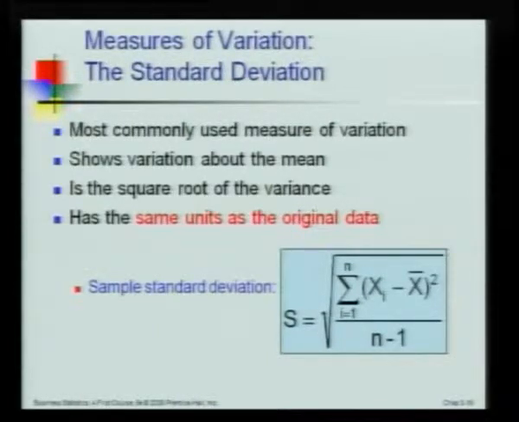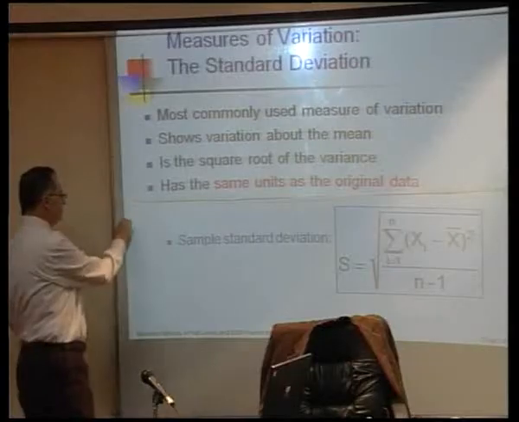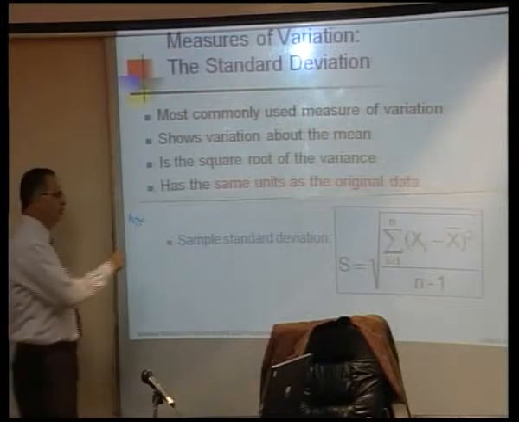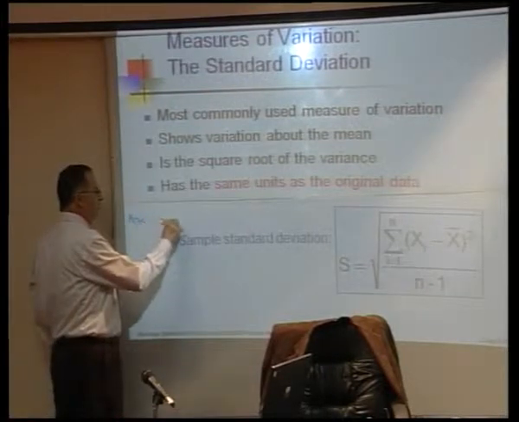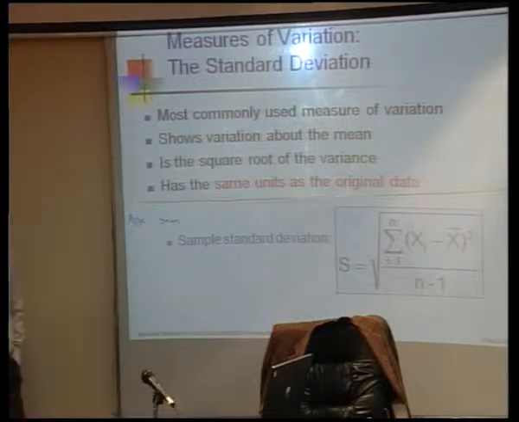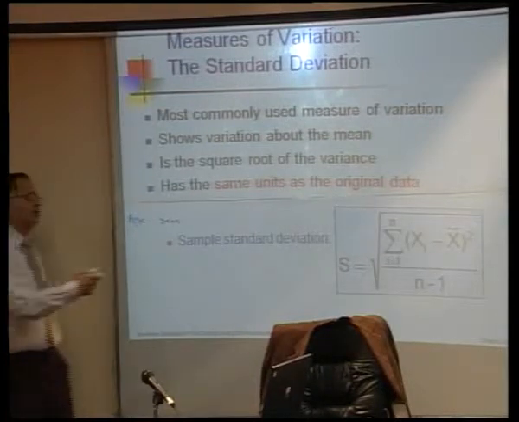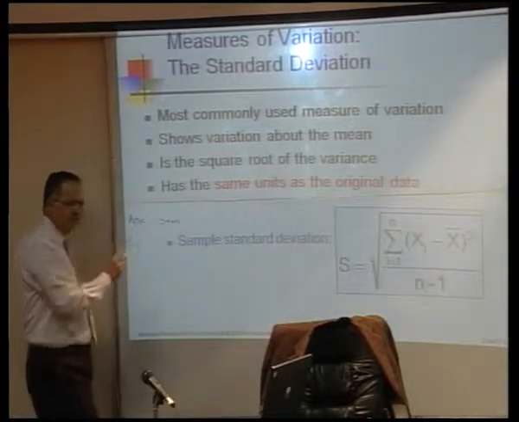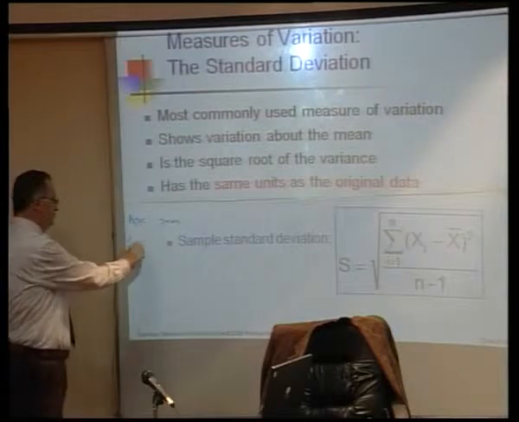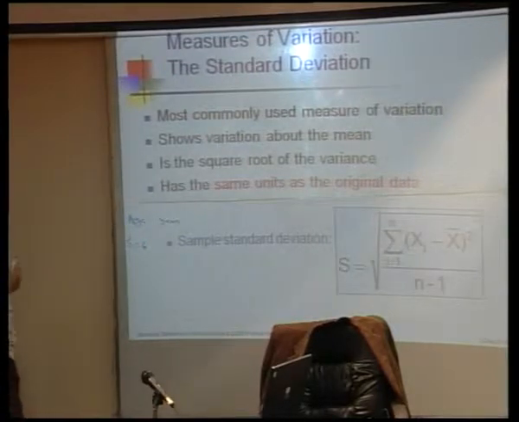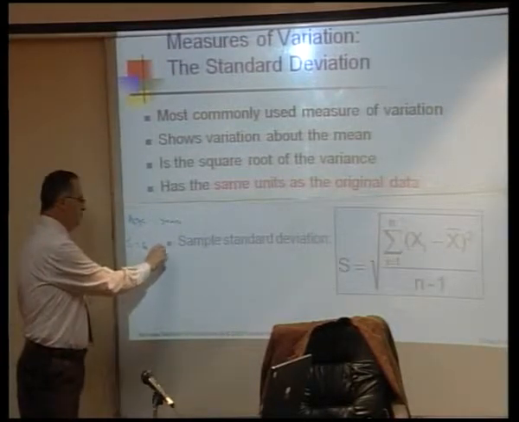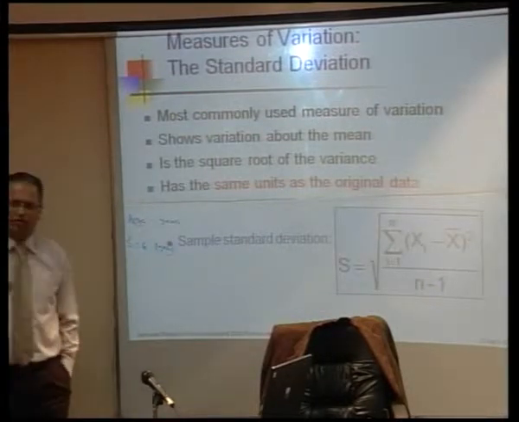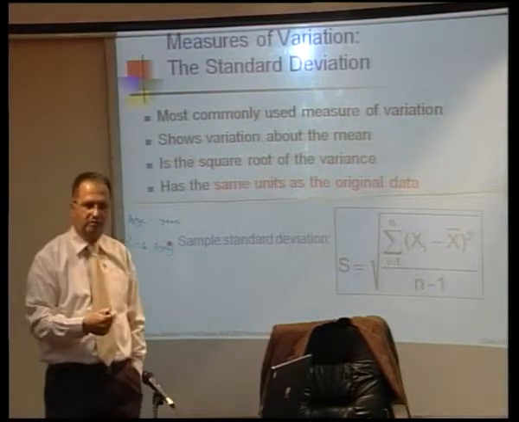For example, imagine that we have age. The unit of age is years. If we compute the sample variance, and suppose the value was 6, the unit of S square should be year square, because we squared the deviation, so the unit should be the square of the original unit.